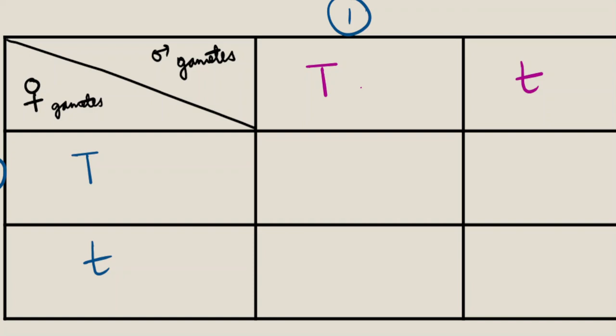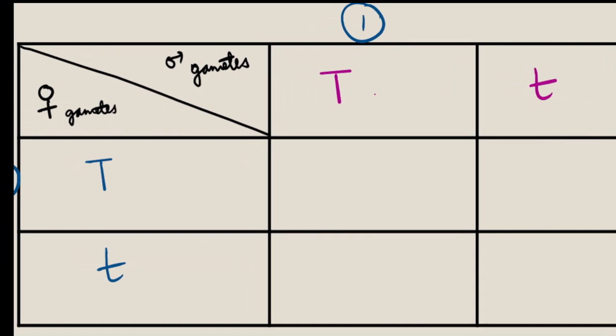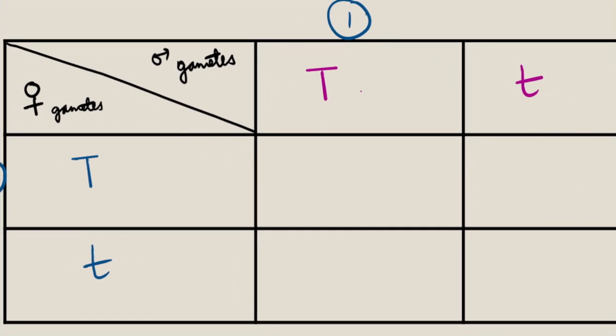See, I am explaining. You have to take this gamete of male and fuse it with the first gamete of the female, so it will come here. Which gamete will you take?